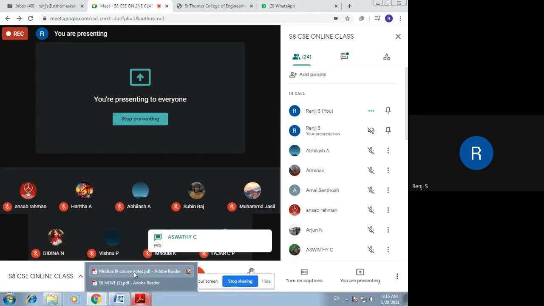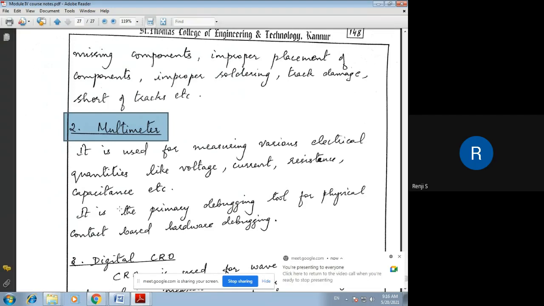Yes, okay. It is used for measuring various electrical quantities like voltage, current, resistance, capacitance, etc. We can find out the values of these for small components used for building electronic devices, and it is a primary debugging tool for physical contact based hardware.